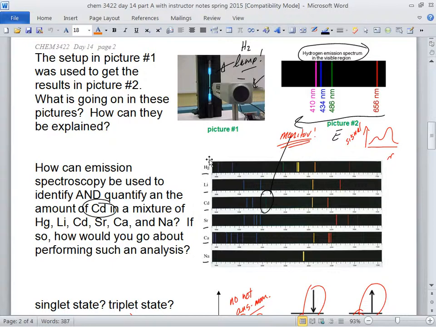It can tell you whether there's an element like cadmium in a mixture of different metals. How would you do that? You look at the emission spectra line that only cadmium has, which is circled.